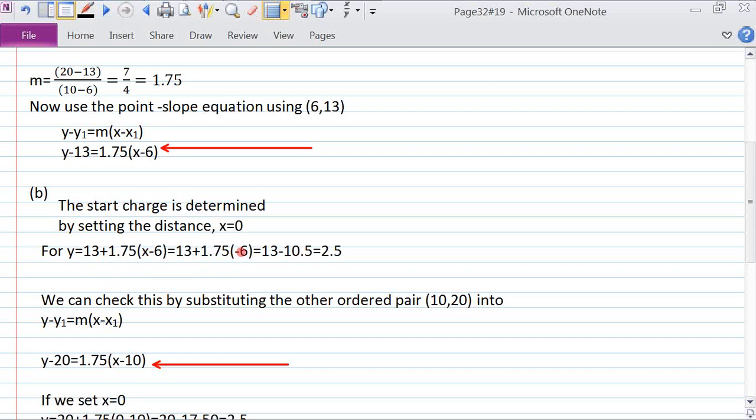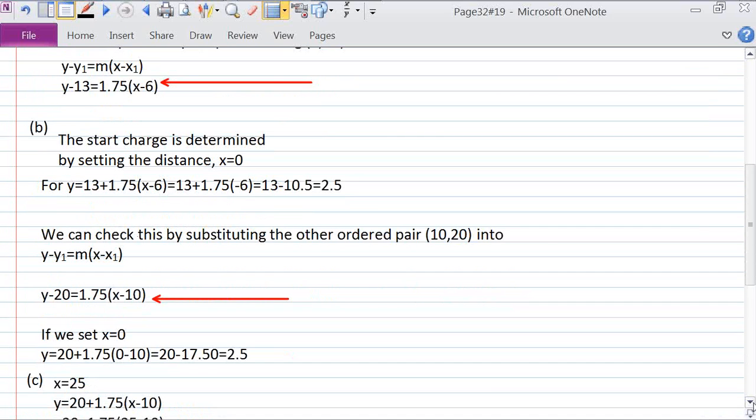I get 13 plus 1.75 times minus 6, which comes to 13 minus 10.5, which leaves me with 2.5. In other words, the start charge here is $2.50. This meter, when it's turned on, starts at $2.50. So that means it's your start charge.